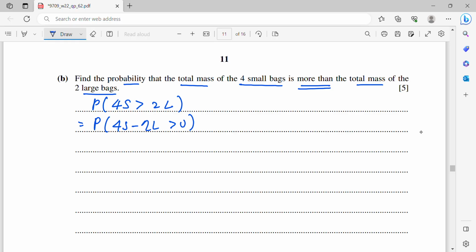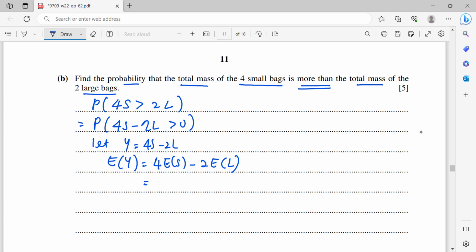Okay, so I will let Y equal 4S minus 2L. So now I need to get my EY. EY is going to be 4ES minus 2EL.